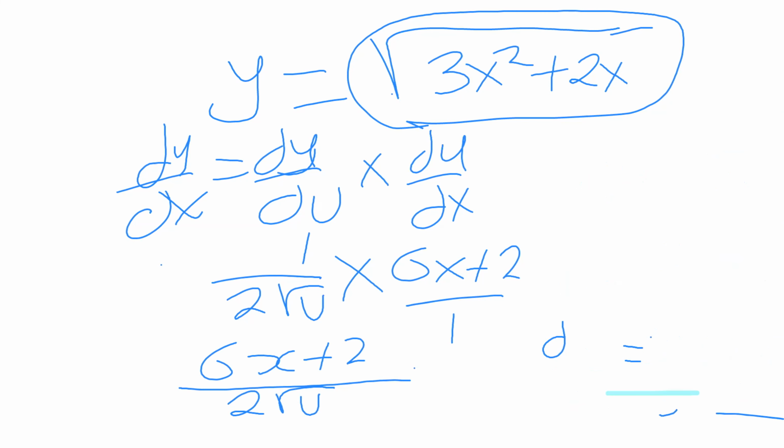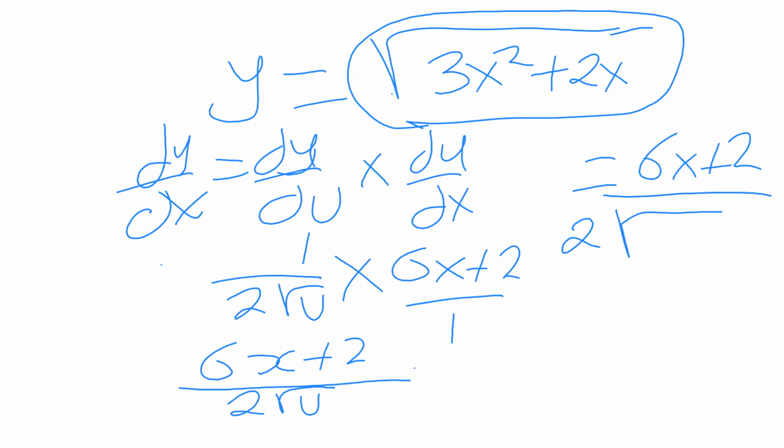Okay. So from here, you know what your u is, right? You know what you said your u is. So 6x plus 2 over 2 times the square root of our u, which is 3x squared plus 2x.